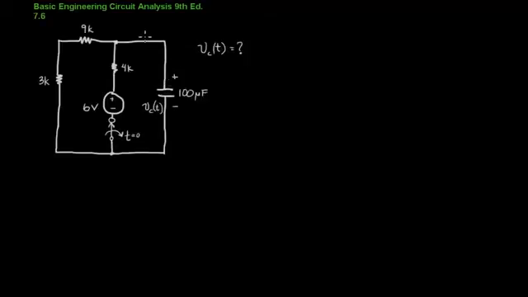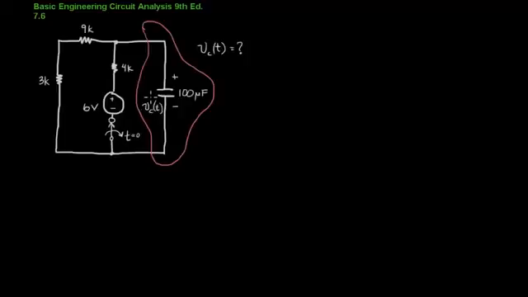Because this capacitor is open, we can say essentially that this entire branch of the circuit has no current flowing through it, which means that the battery at this point in time is providing a current only to this side of the network. Based on that, we can then solve for VC of t.